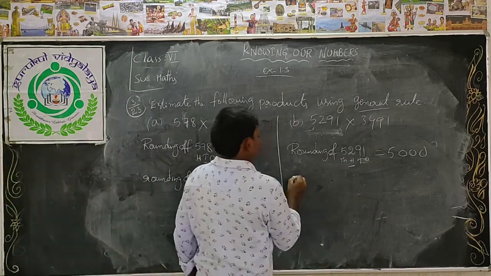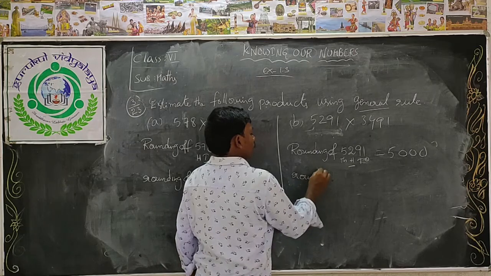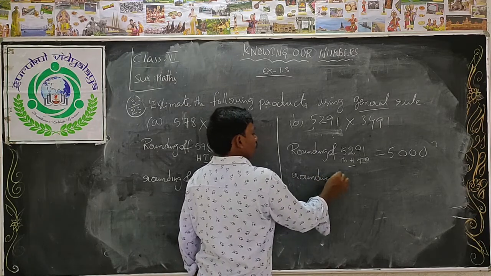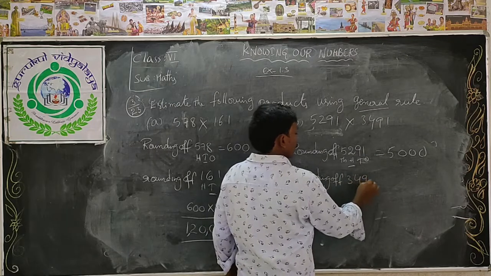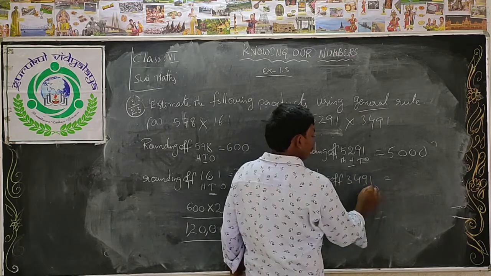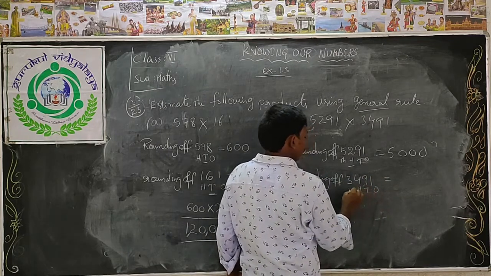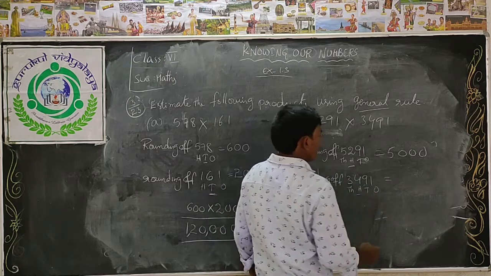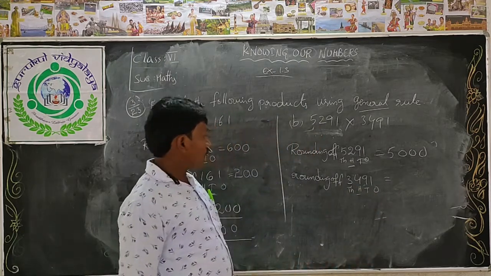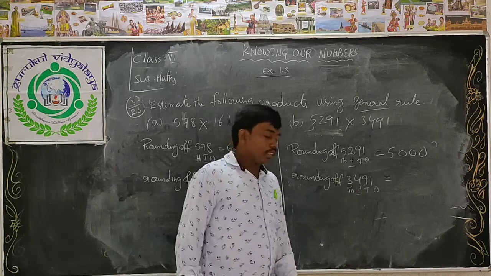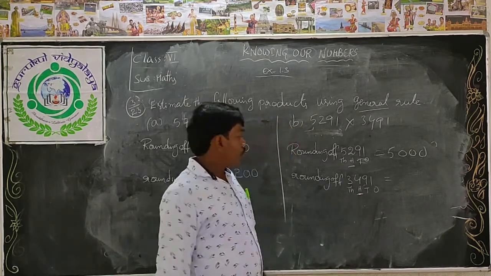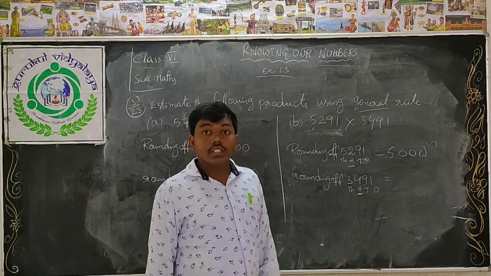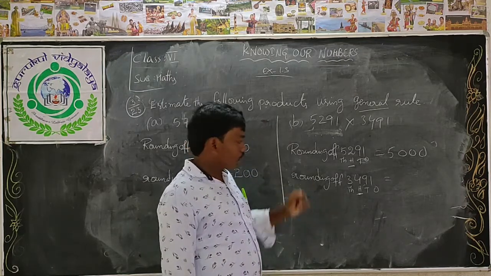See, children, rounding off 3,491. Ones place, tens place, hundreds place, thousands place. What is that? We identify the hundreds place value, that is 4. Is 4 less than 5 or not? Yes, 4 is less than 5.